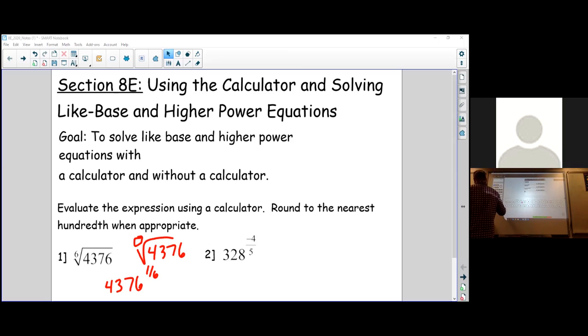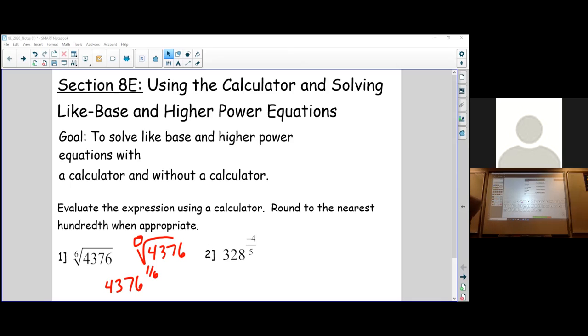I'm going to go 328 raised to the, use that negative down here, 4/5. Hit enter. And in this case, it gives me an answer. If I round that to the nearest 100th, my answer would be 0.01. That makes sense?